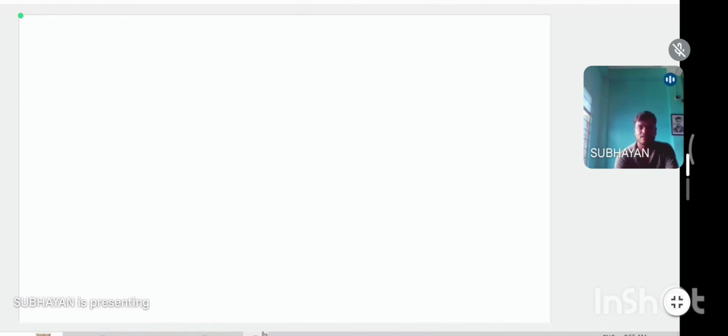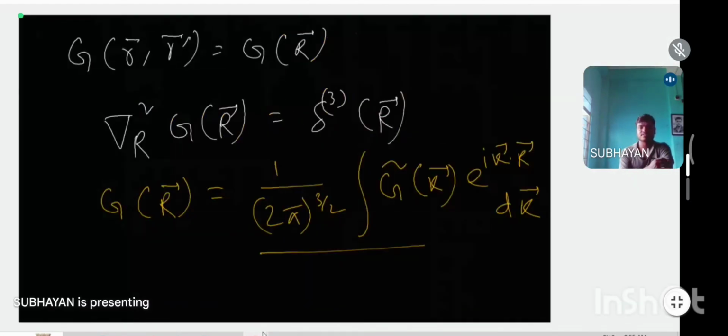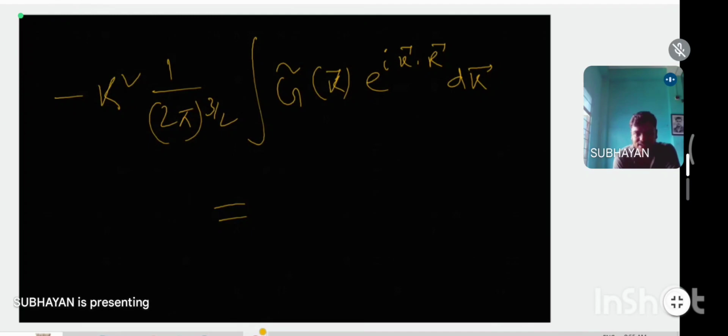And on the right hand side you have the Dirac delta function. You know the integral form of the Dirac delta function: 1 by (2 pi) cube into e to the power i k dot R d cube k.